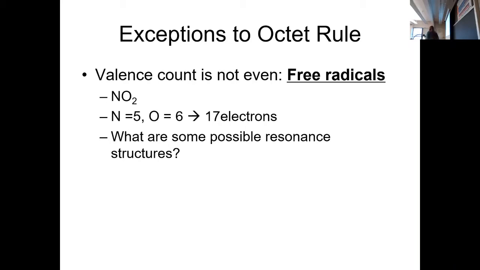And you have to count the electrons in the formulas. Or I might say, which exception to the octet rule does this one follow? And if you count it up and it has an odd number, then you would pick the multiple choice that said free radical. I might say, which one of these is highly reactive? Okay, so you need to know it's highly reactive. You need to associate it with odd electrons.